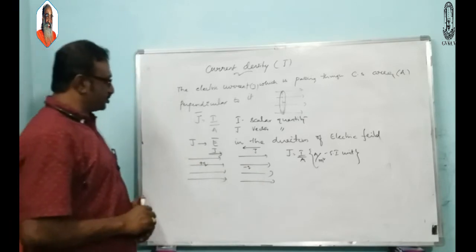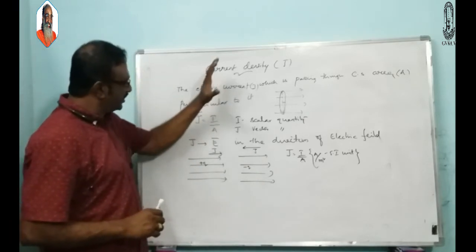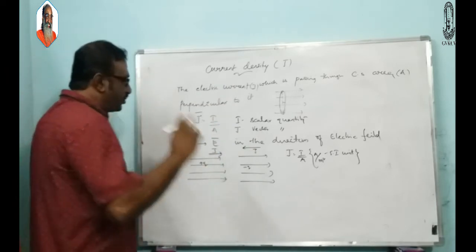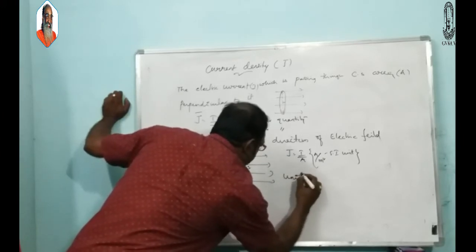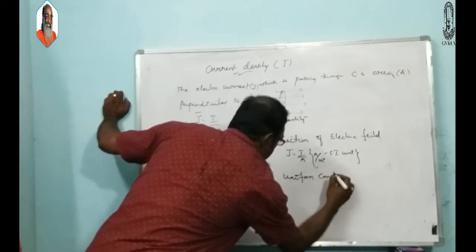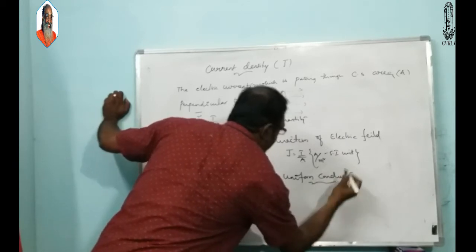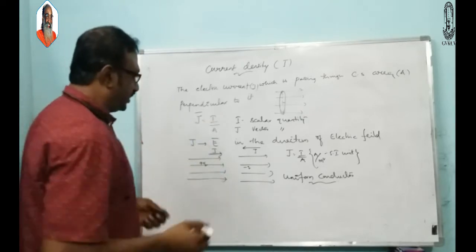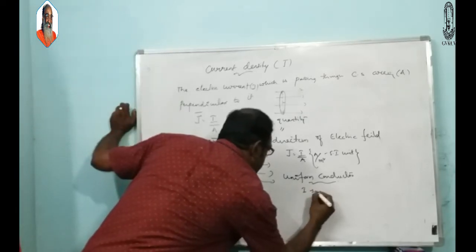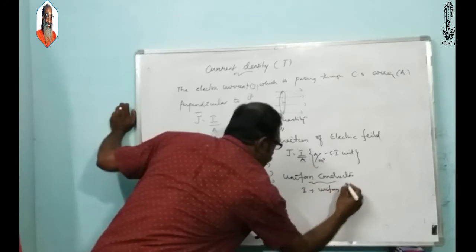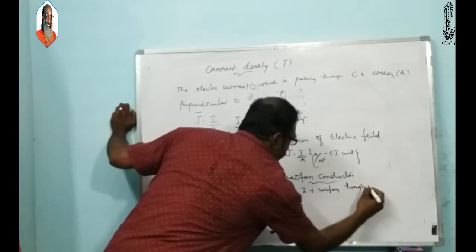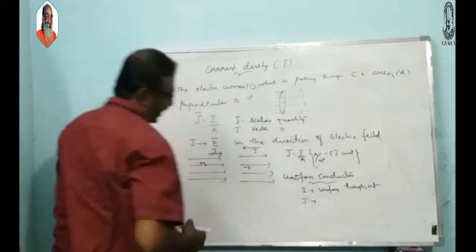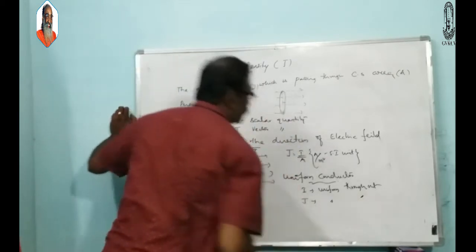So like this we can talk about the electric current density initially. Suppose you consider a uniform conductor, whose cross-sectional area is uniform throughout. Then I is uniform throughout, and in a similar manner J, our current density, is also uniform throughout.